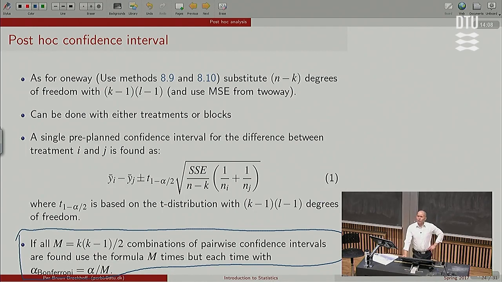If we do not only do a single or maybe two pre-planned comparisons, if we just do all pairwise comparisons between a number of treatments, if it's a kind of screening investigation we're doing and we want to talk about significant differences between all possible pairs of these products that we're testing, if we're in a product testing mindset here, it could also be treatments, medical treatments, it could be basically anything that we compare, where we want to compare means.